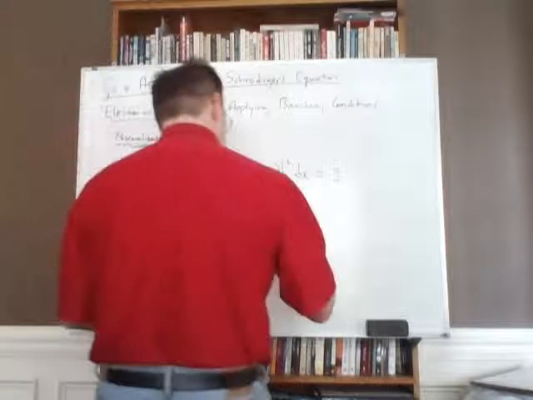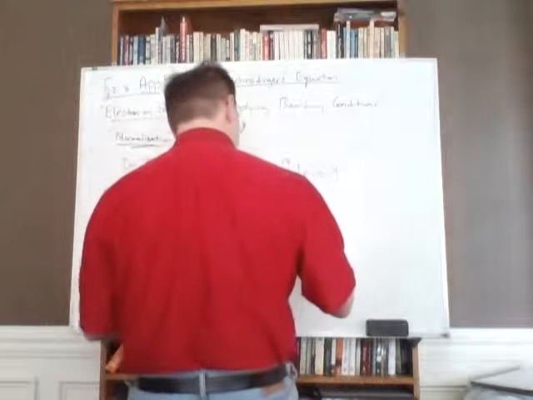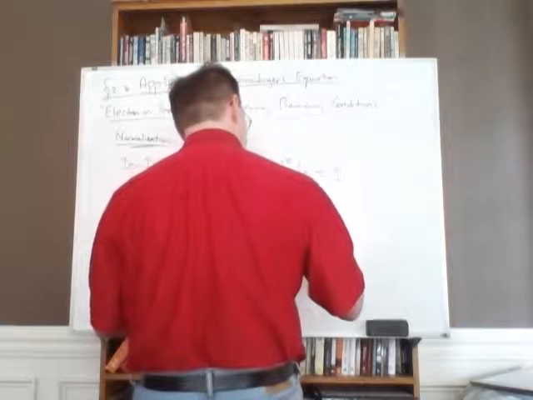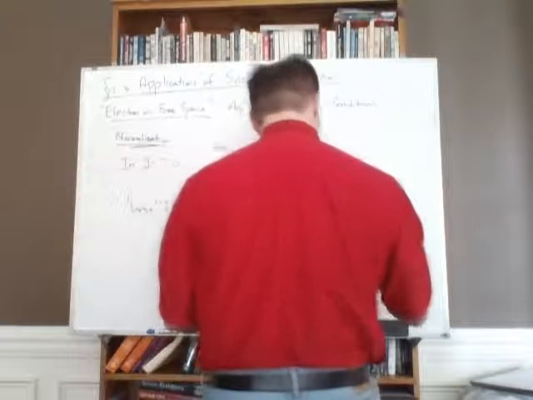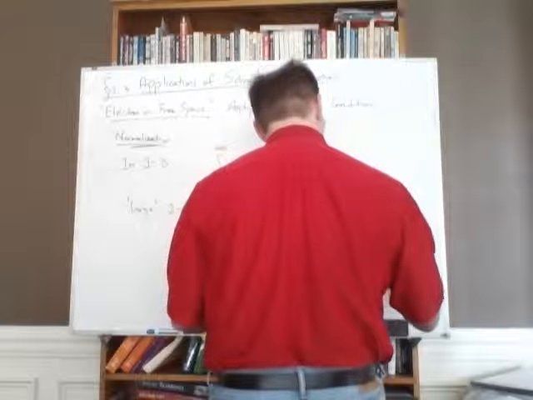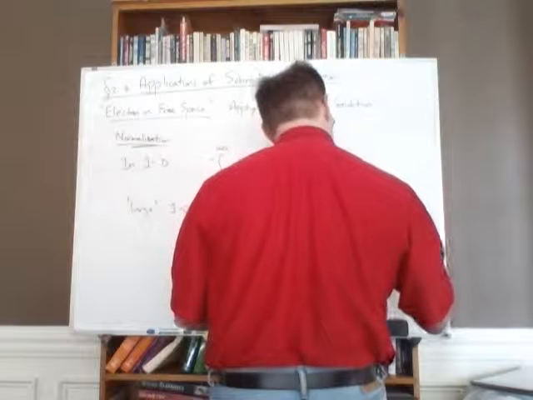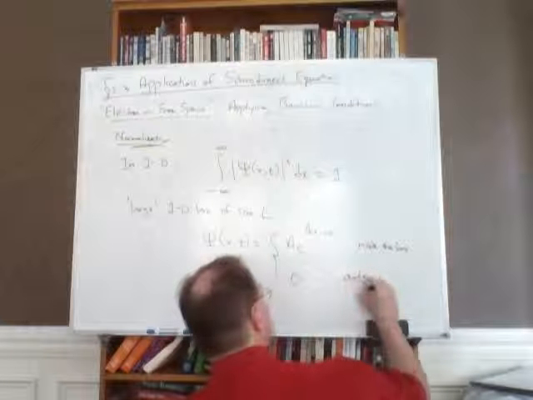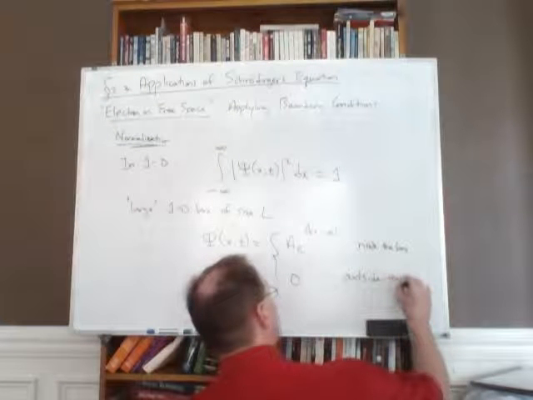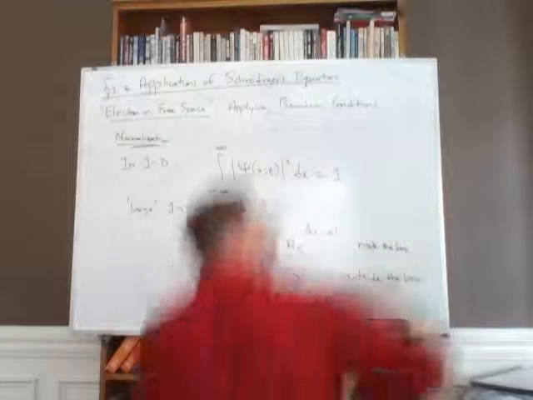It's going to be A e to the i(kx minus omega t) inside the box, and it's going to be 0 outside the box. So it does have some constraints, but they're way out there.